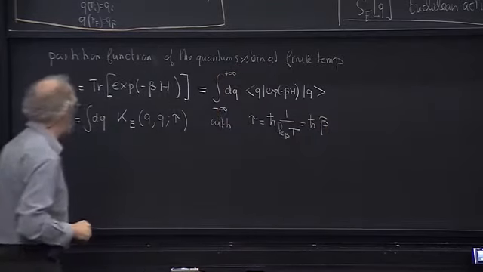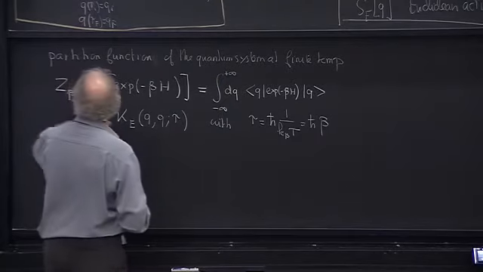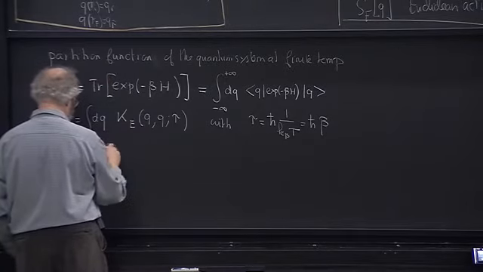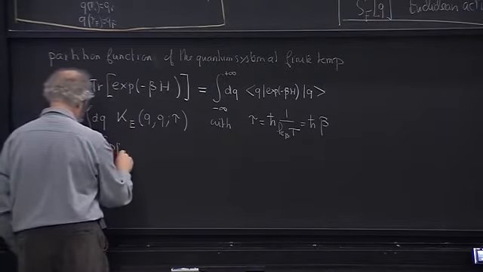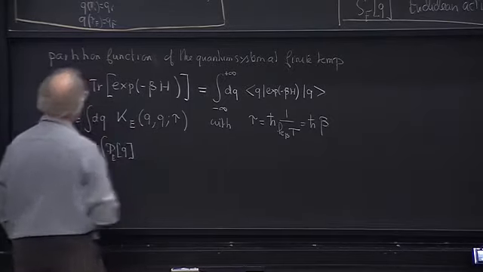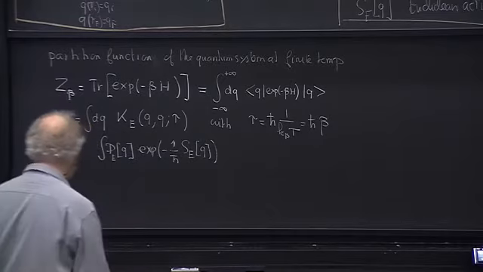And we have a path integral for this. So we get a path integral over Euclidean trajectories, exponential minus 1 over h bar, the Euclidean action associated to this trajectory in Euclidean time.